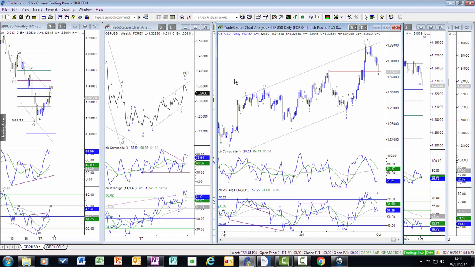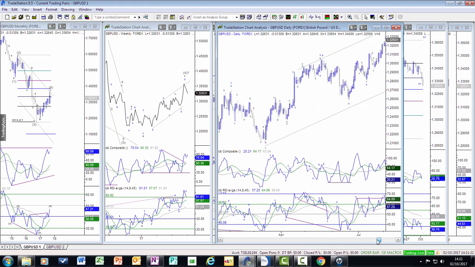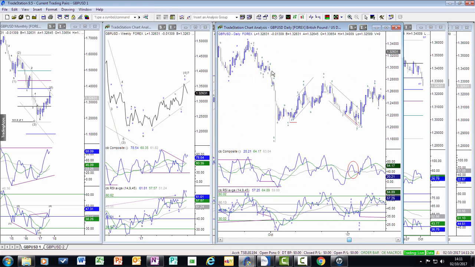So what was identified a year ago as the completion of a 5-wave decline was exactly correct. There were two alternatives. One was a correction of this 5 and then further declines. That is not what's taken place.